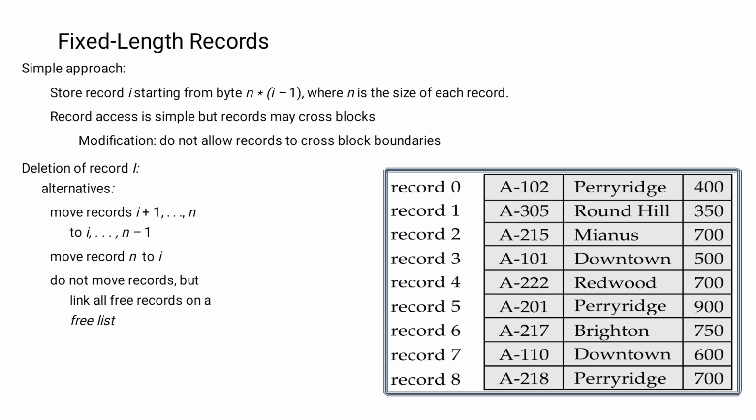If we assume that each character occupies 1 byte and the data type real occupies 8 bytes, our account record is 40 bytes long. A simple approach is to use the first 40 bytes for the first record and the next 40 bytes for the second record, and so on.